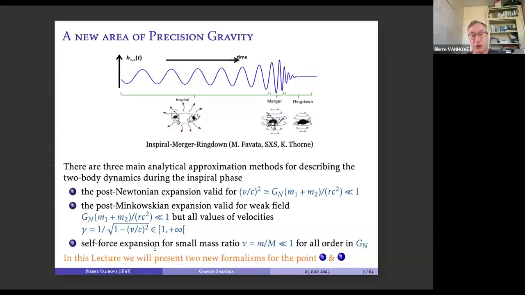So these two approaches, two and three, will be the topic of this lecture, and they are the ones that have produced a lot of new results coming from the amplitude community.